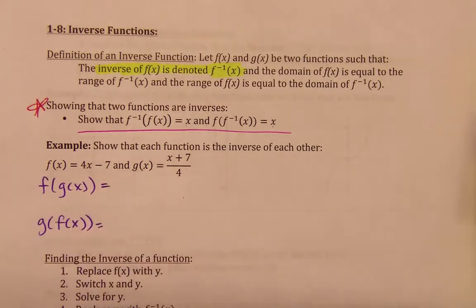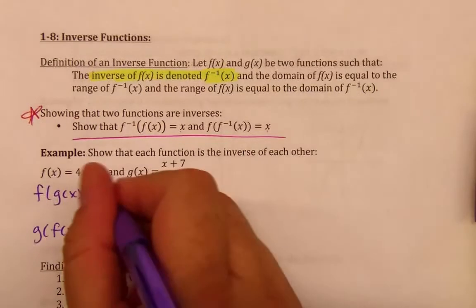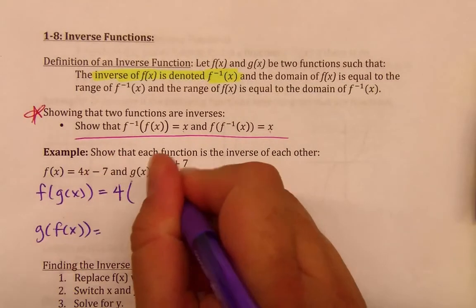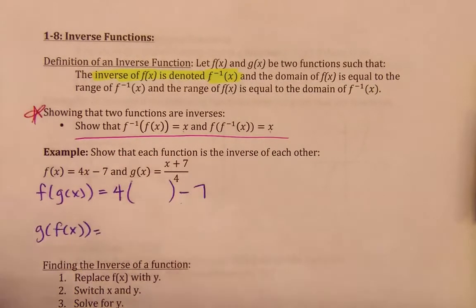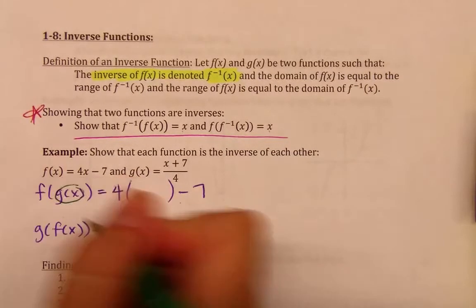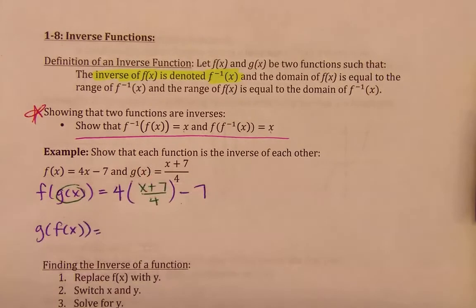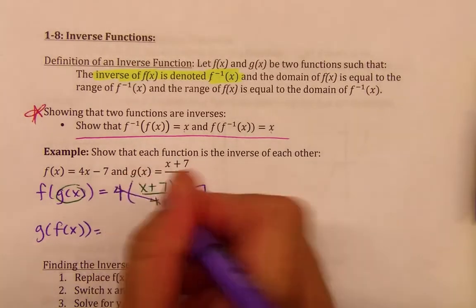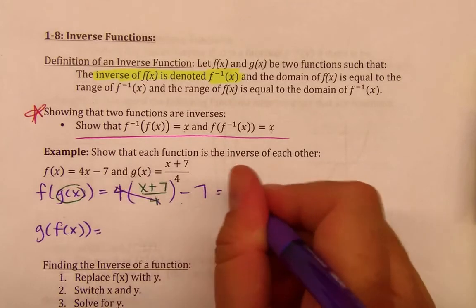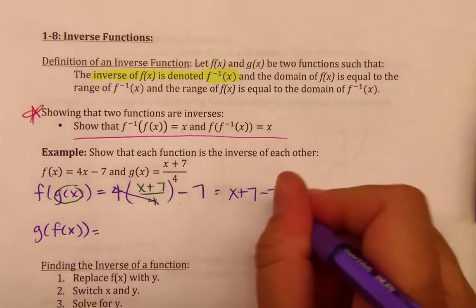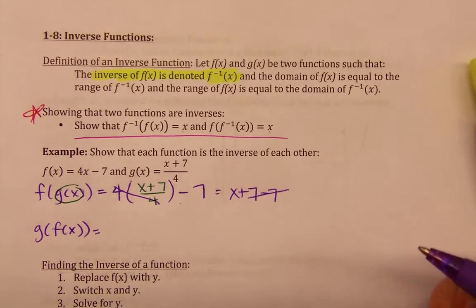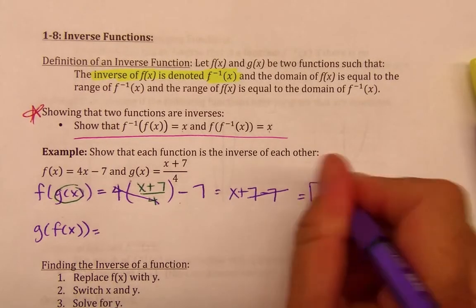We have f of g, so f is my outside function first, so 4, and then my x minus 7, and I'm plugging in g of x inside, so x plus 7 over 4. And now these 4's here are going to cancel out, and we have x plus 7 minus 7. Those cancel out, and we're left with x.